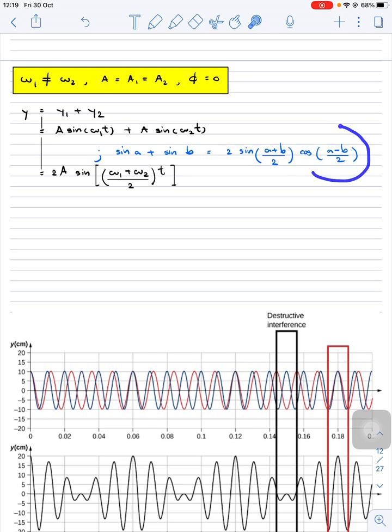And then the second term here is going to be the cosine of A minus B over 2. So it's equal to the cosine of omega 1 minus omega 2 over 2 times t.